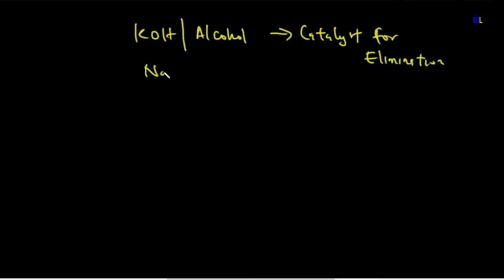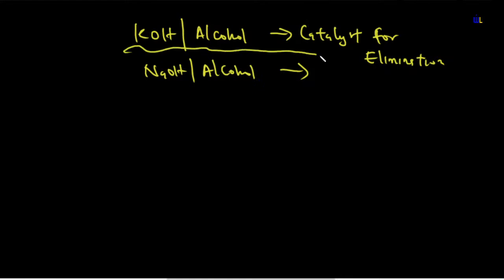Oh no, that's the wrong spelling of alcohol. Just have that in mind, that in elimination reaction, the catalyst is this or this, basically. And elimination means removing adjacent species to form a multiple bond.